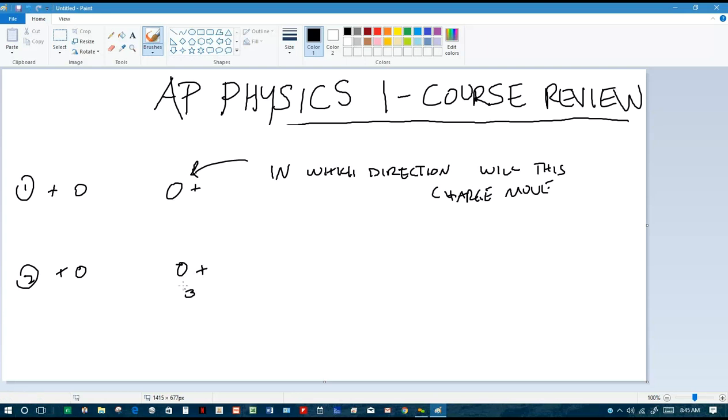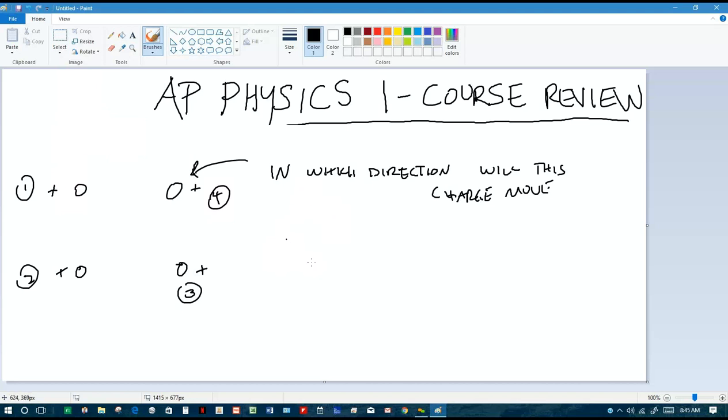If this was charge 1, this was charge 2, this is charge 3, and this is charge 4, they'd say that charges 1, 2, and 3 can't move. They're locked down by being glued to the table, and then you drop charge 4 in that spot. You release him. Which way does he go? Well, this is like a mental application of using vector addition.